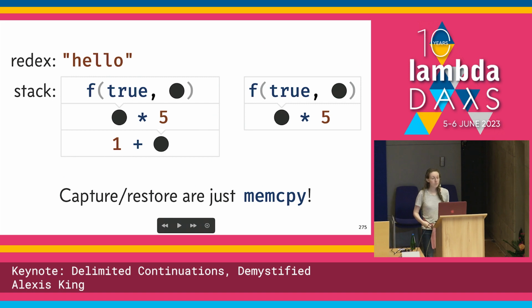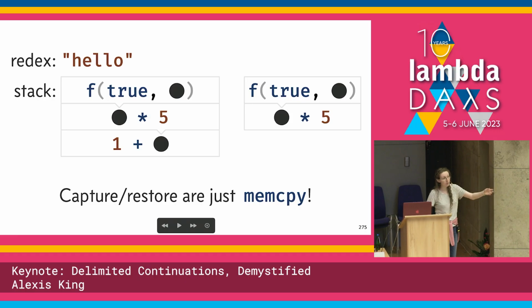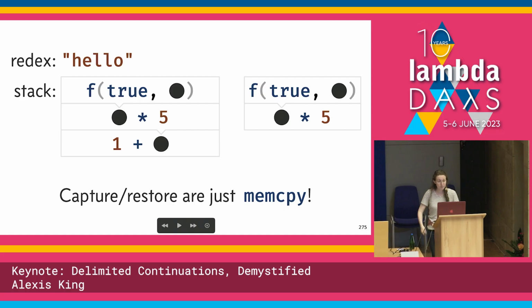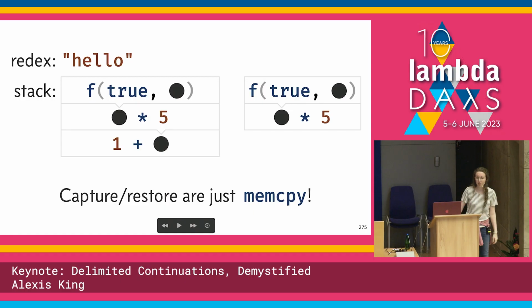And again, maybe these aren't the most useful things to be used directly, but they can be used as a building block to implement all these different things from coroutines, search, exceptions, and in a fairly efficient way. I mean, this isn't all that different from the way that exceptions are implemented in lots of languages, just scanning the stack. Now, of course, memcopy does have some overhead, so it's not free, but it turns out that modern computers are pretty good at doing block copies, and these continuations are normally not very big.